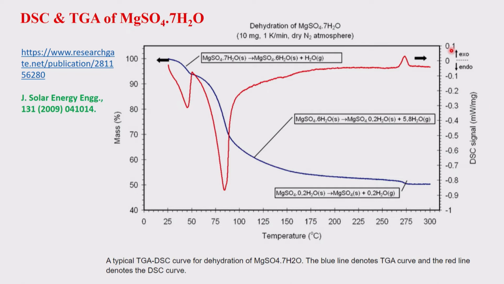The scale for this is on the right side, the DSC signal, and you can see that it is negative. So, this is endothermic, and then there is another huge peak coming here around 70, 80 plus temperature, which corresponds to this particular loss of water.